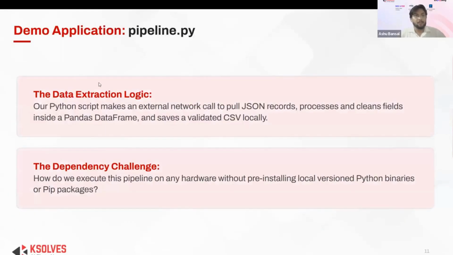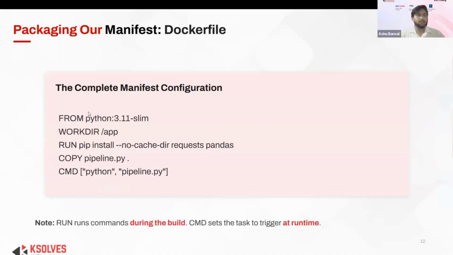Yeah, there is one demo I prepared for you. This is a basic Dockerfile that has a dependency on a third-party application. In this, we have Python 3.11, using the Slim version.